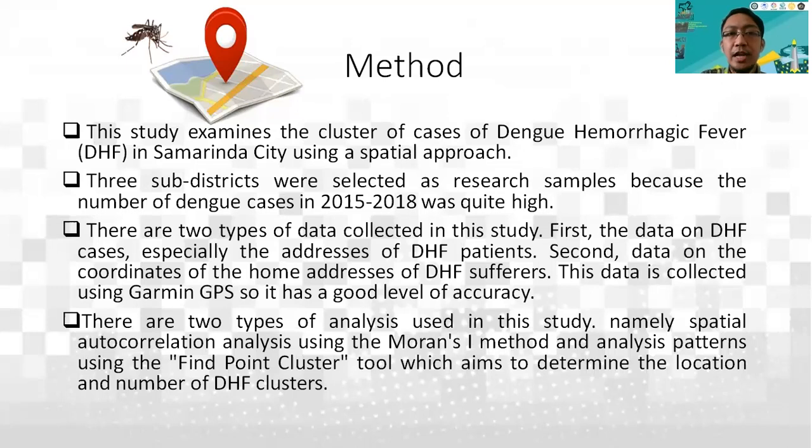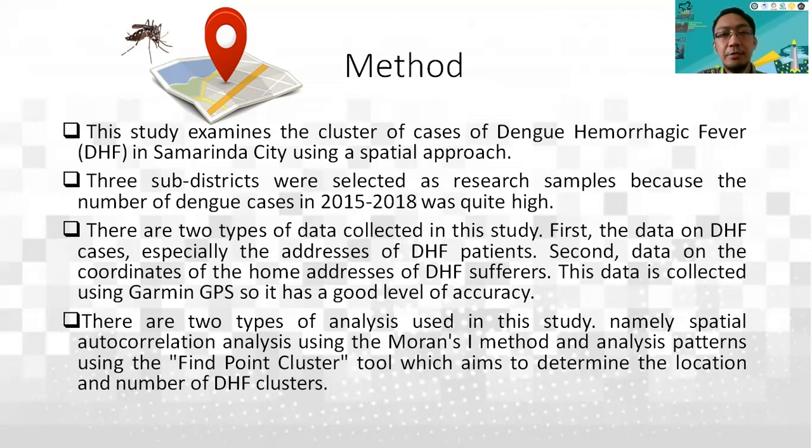And then there are two types of data collected in this study. First, the data of DHF cases, especially the address of DHF patients. Second, data on the coordinates of the home address of the DHF surveillance. This data is collected using Garmin GPS, so it has a good level of accuracy.